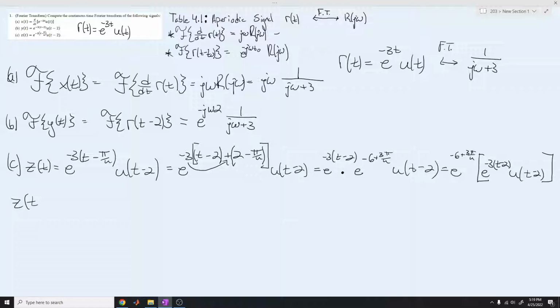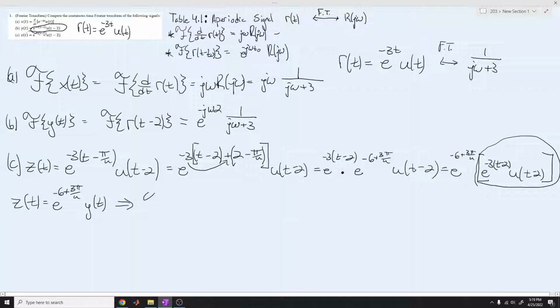We'll have z of t equal to e to the negative 6 plus 3 pi over 4 times, and if we take a good look at this and compare it to what y of t is right here, we see that they are exactly the same. So we could just write this coefficient and then write y of t.